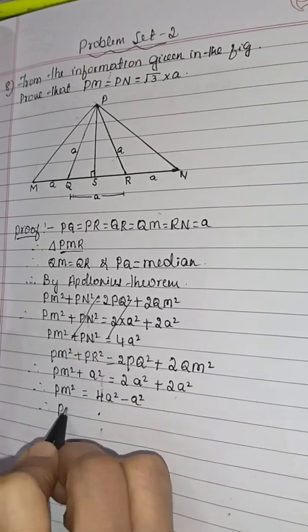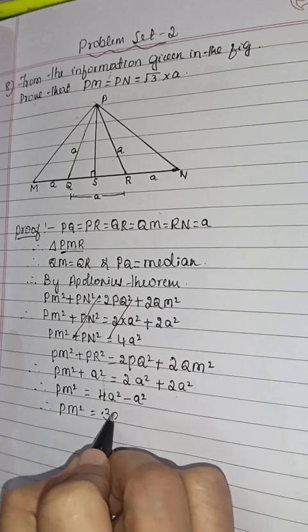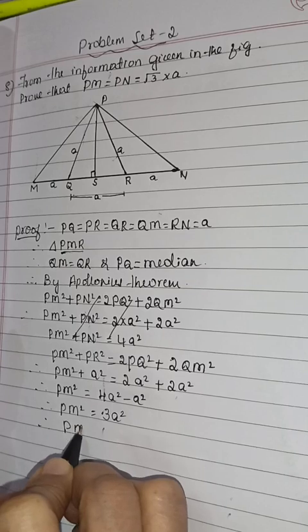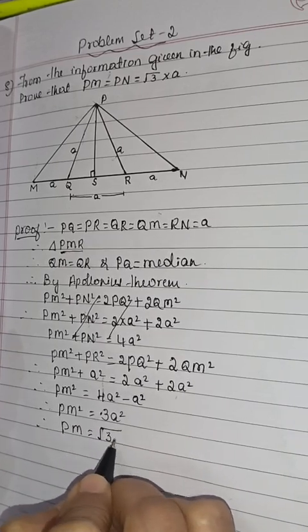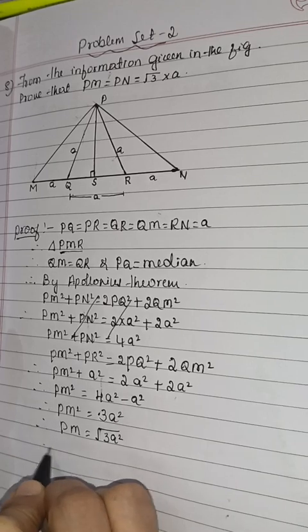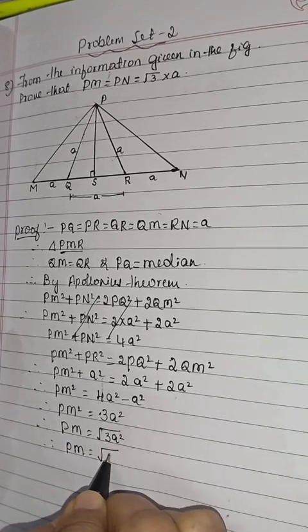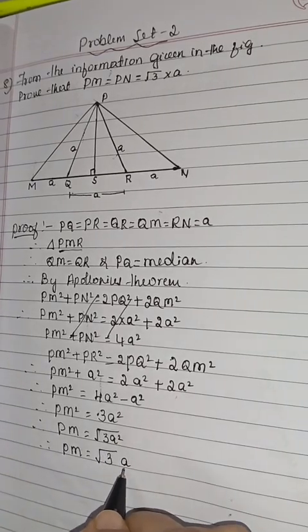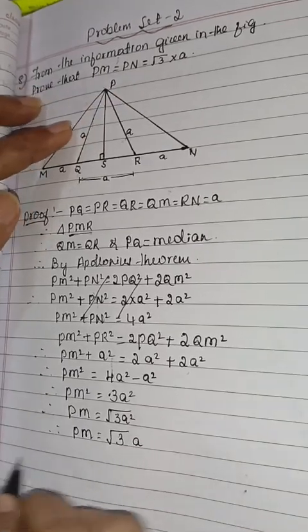Therefore, PM square equals 3a square. Taking the square root now, root 3a square, therefore PM is root 3 a. Square root of a square is a. Therefore PM is root 3 a.